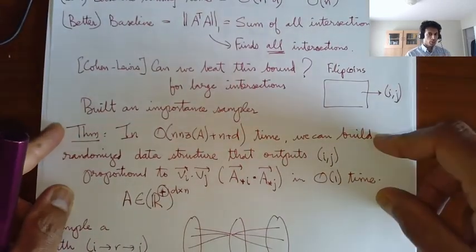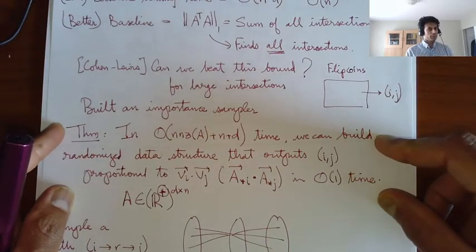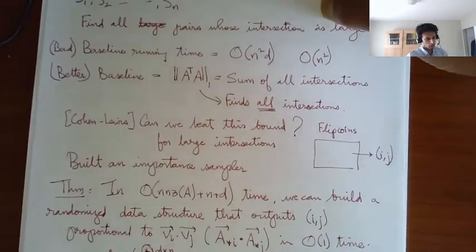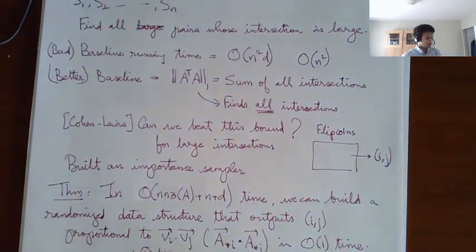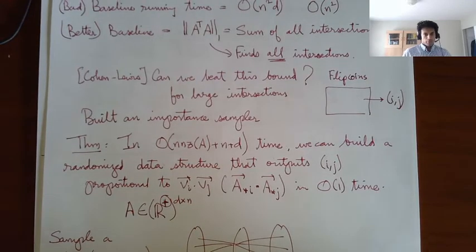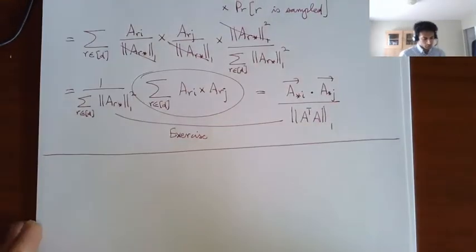We have now built our importance sampler. Now we need to actually find all pairs whose intersection is large. Any further questions on this theorem? All right. Then let's continue.